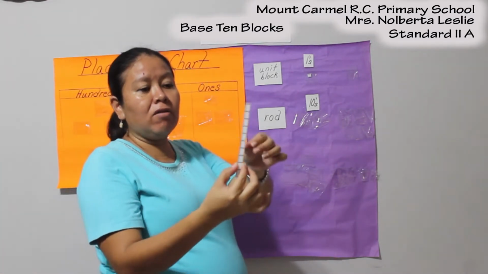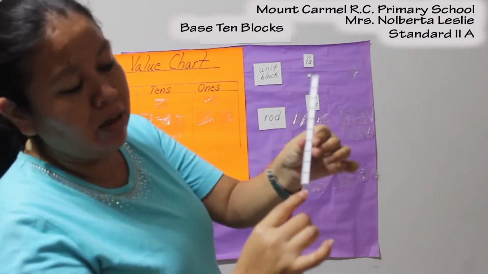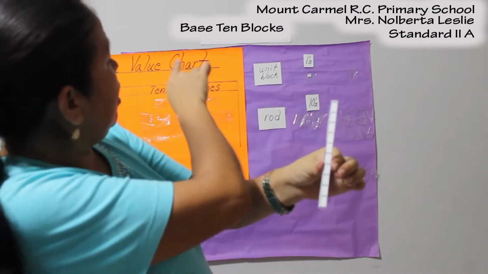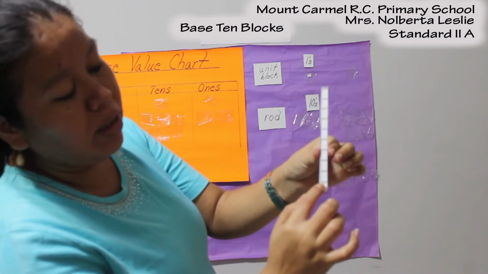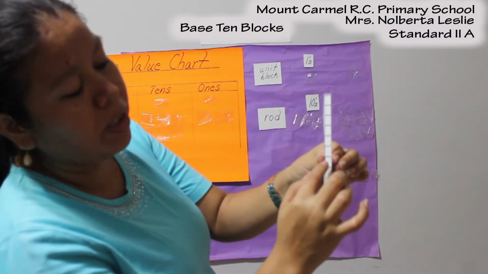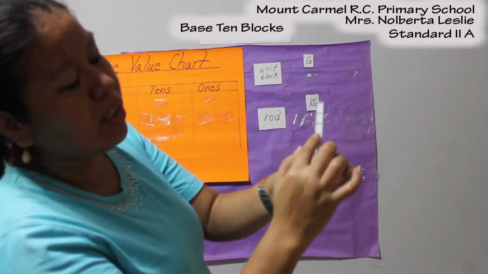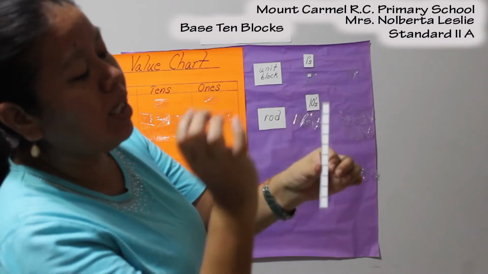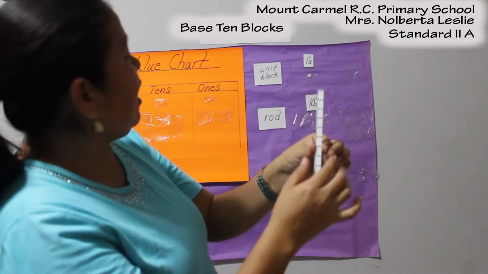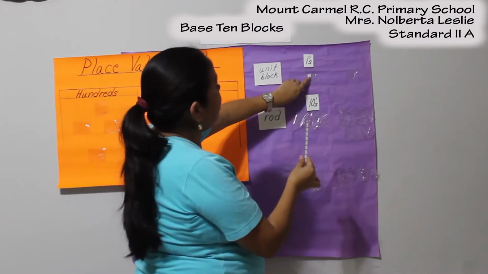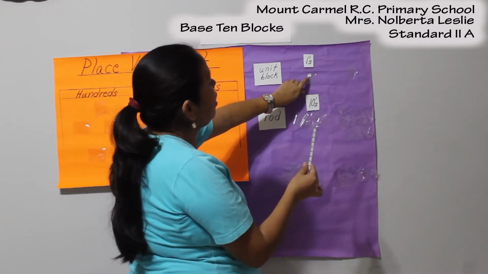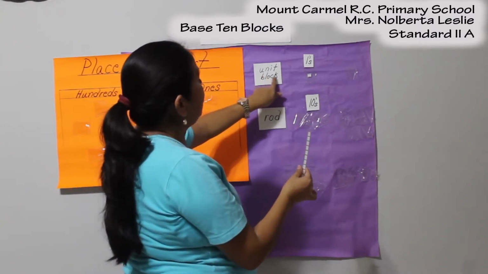Why do you think it's called a rod? If you look at it here, it has how many parts? Let's count it. 1, 2, 3, 4, 5, 6, 7, 8, 9, 10. So it is made up of 10 of these little parts. What do we call these little parts? A unit block.